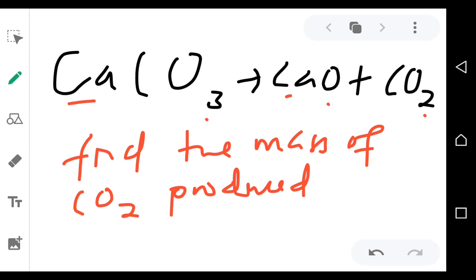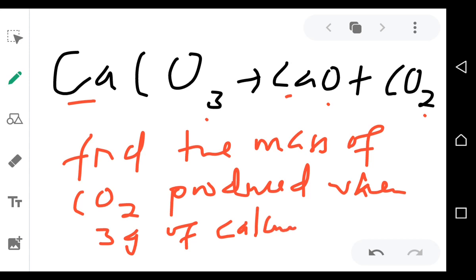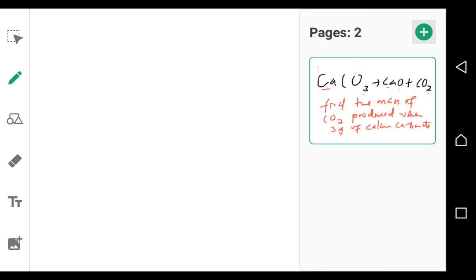Find the mass of carbon dioxide produced when 3 grams of calcium carbonate decomposes or breaks down.